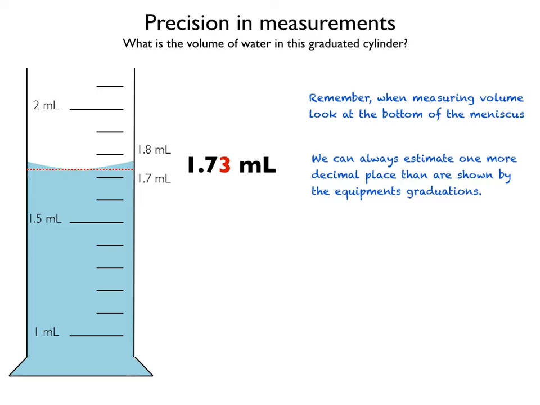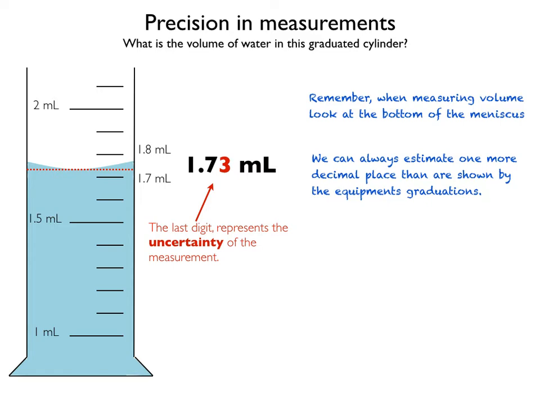Now, you might read that, or I might read it again and say 1.74, I might say 1.72, and that's just illustrating that that last decimal place, that 3, which is in red here, is the uncertainty of our measurement. That's representing where we are estimating that last piece of a measurement.